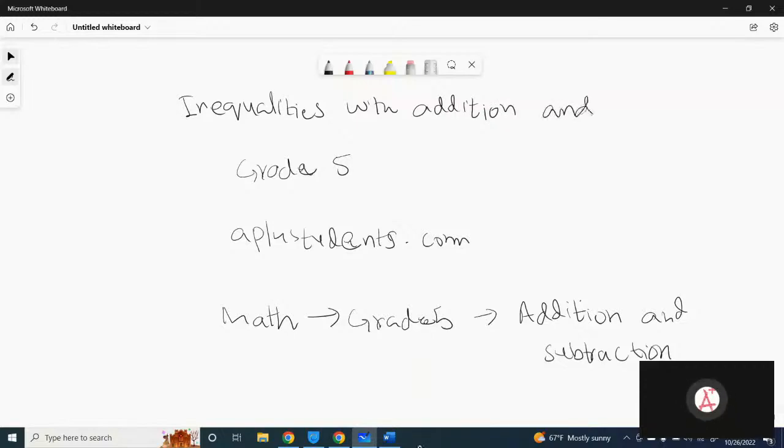Please make sure you have your notebook and pencil so that you can note down important points and definitions as well. So let's start with the topic inequalities with addition and subtraction, set 1.